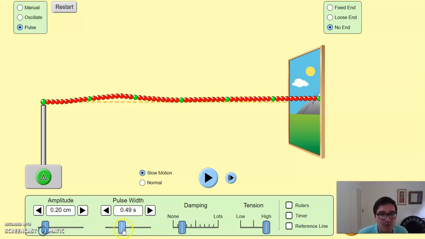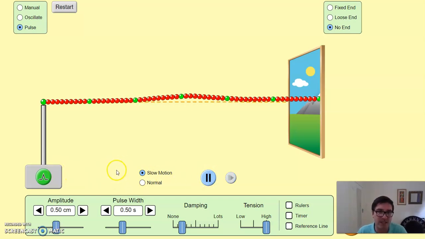So let's assume that represents 0.5 meters. Okay, and then I'm going to increase the amplitude just a bit more because that amplitude is really, really small. So it's not really visible. So let's just let that one finish. Okay, so let's generate another pulse.